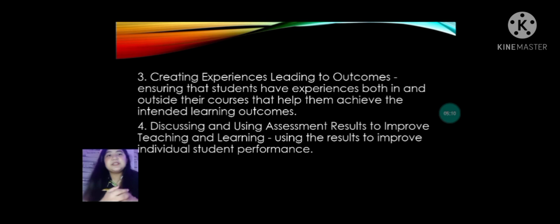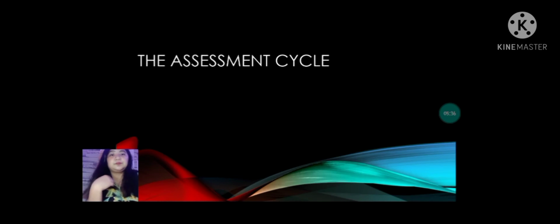And number 4 is discussing using assessment result to improve teaching and learning. So, using the result to improve individual student performance. So, yung result na yun is gagamitin yun para mas mapakita kung nag-improve ba yung bawat individual student sa kanilang mga performance.